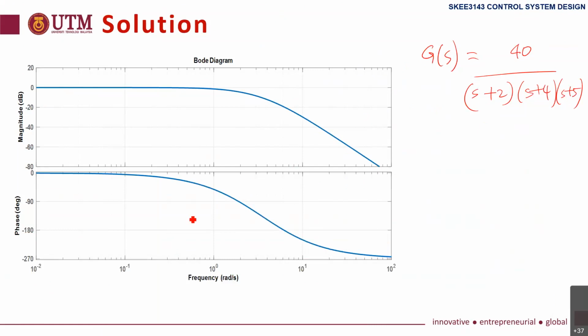Stable because here at 180 degrees, at about 6.5 radian per second, it's about minus 20 dB. So it's stable.